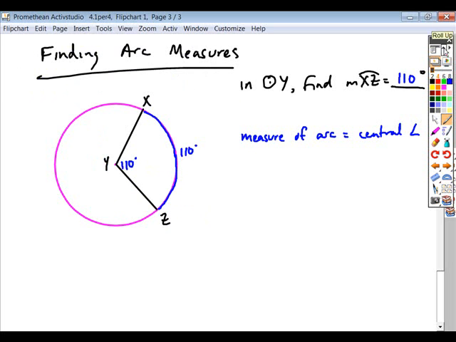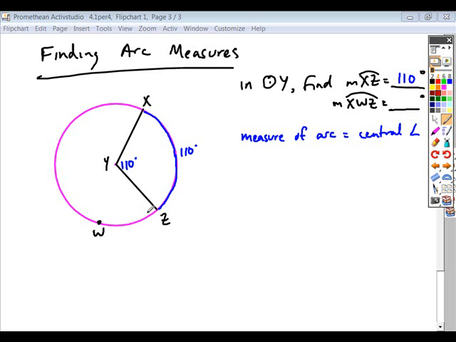What if I asked you to identify the measure of arc XWZ? Again, in terms of degrees, what is that arc measure going to be? From X through W to Z, so now it's the major arc.